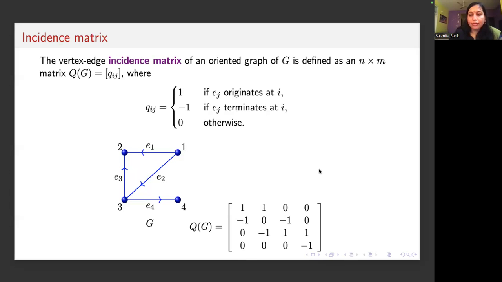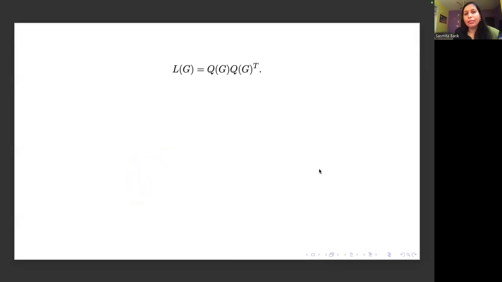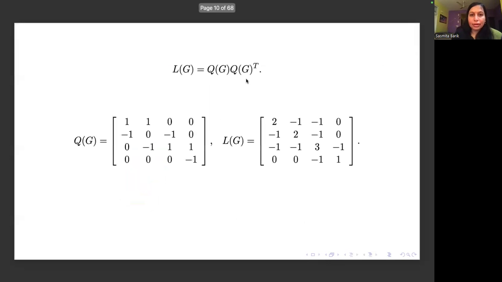Now, if I consider this matrix, our Laplacian matrix is nothing but Q into Q transpose. That can be observed easily in this example. When I make Q into Q transpose, I take the first row and make the inner product with itself.